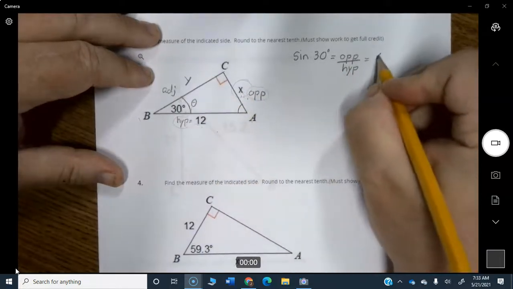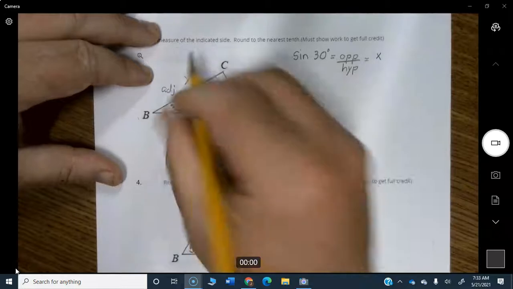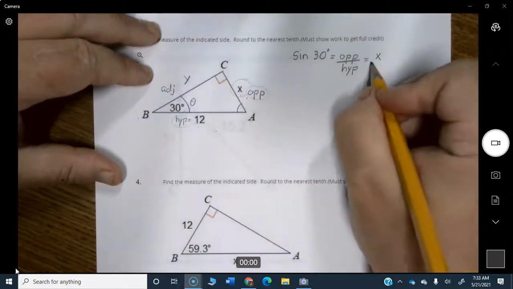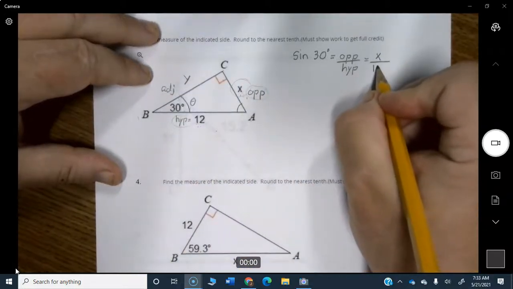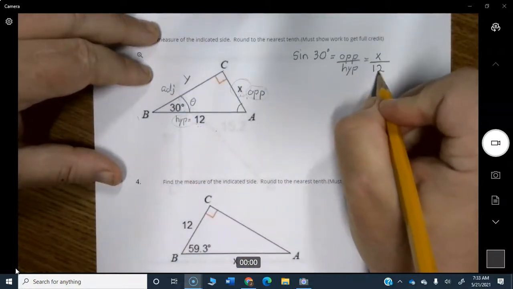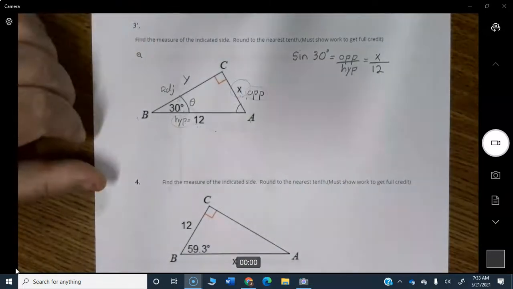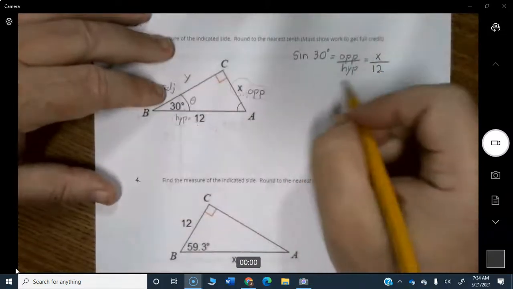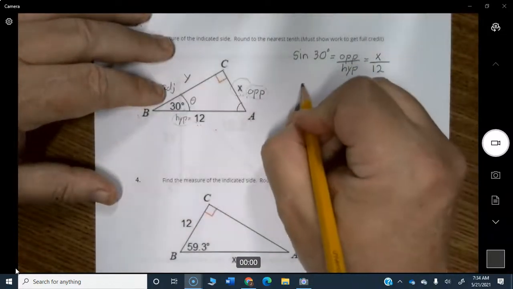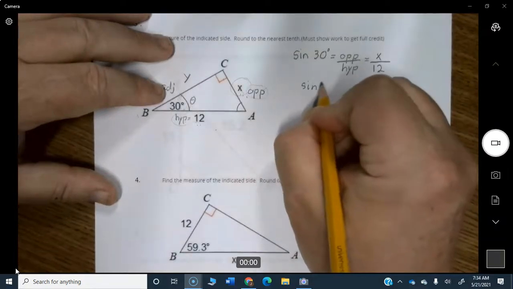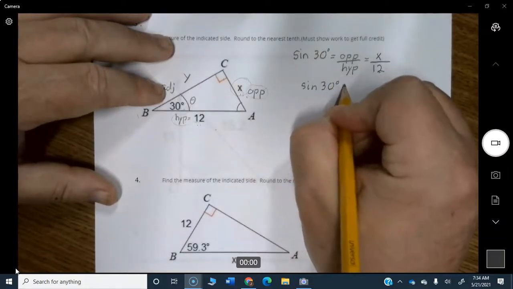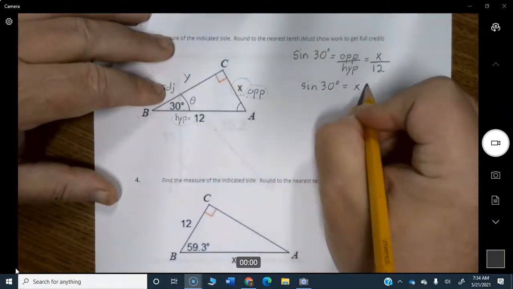That's what we're trying to find the length of. And the hypotenuse, we do know that number, it's 12. So you always have to have the side you're trying to find, and then one known side. The known side is this one. Now let me rewrite it without that in it. So sine of 30 degrees equals x over 12.